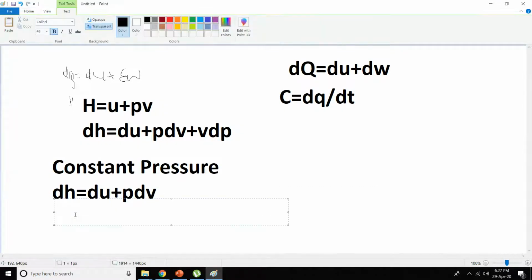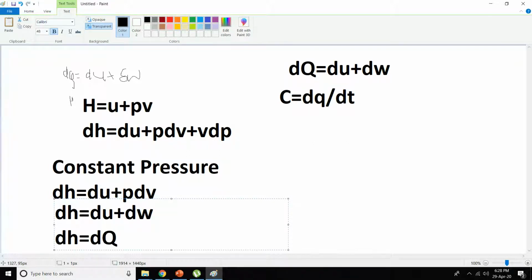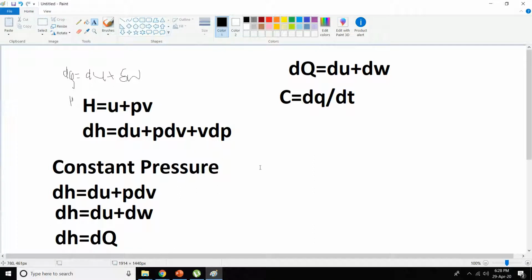So then that implies dH is equal to dU plus P dV, which is nothing but your δW. So dU plus δW, that is dH is equal to dQ, for a constant pressure process.